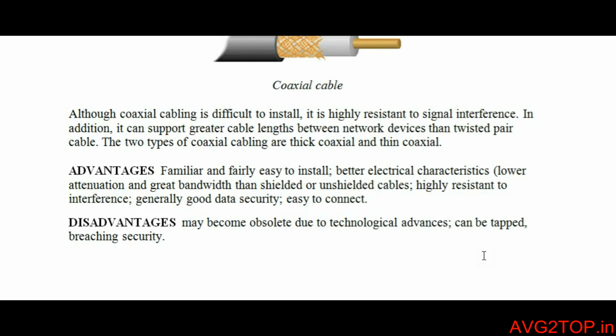It's highly resistant to interference because the copper cable is protected with the shield as well as the insulator, and it's good in security and easy to connect. The disadvantage is that it also becomes obsolete with technology advances and can be easily tapped in terms of security.